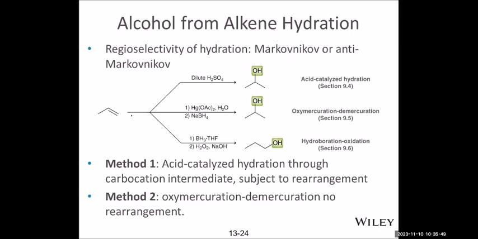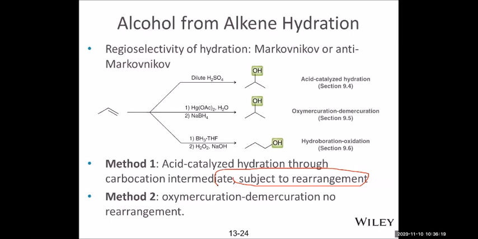The simplest, which is actually the least used, is acid catalyzed hydration. This reaction forms a carbocation, so it's prone to rearrangement. When you see those kinds of rearrangements, oftentimes in organic synthesis we try to stay away from them because they lead to products maybe not as we planned.